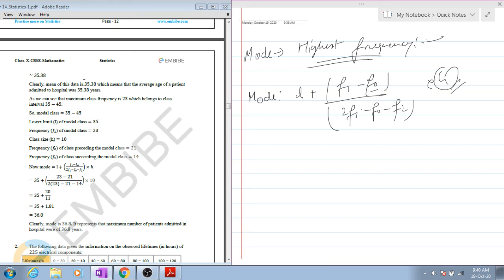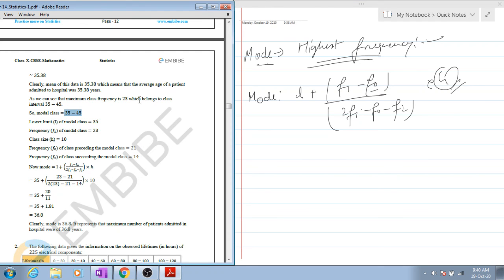Now since you have got the mean as 35.38, you see the maximum frequency is 23 and belongs to the class interval 35 to 45. So this is the modal class, 35 to 45. Lower limit is 35 and the upper limit is 45. Class size is 10 because 45 minus 35.